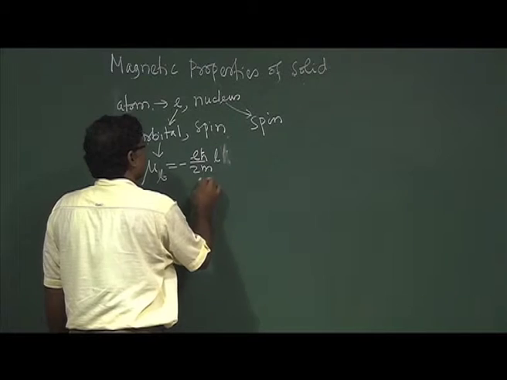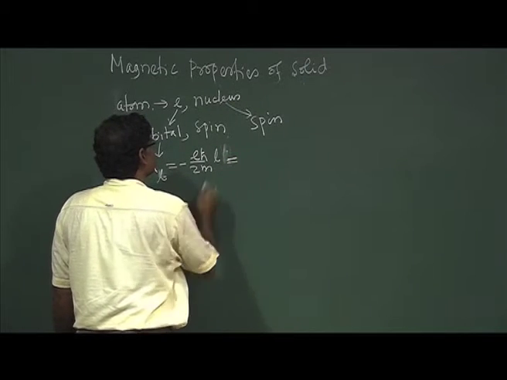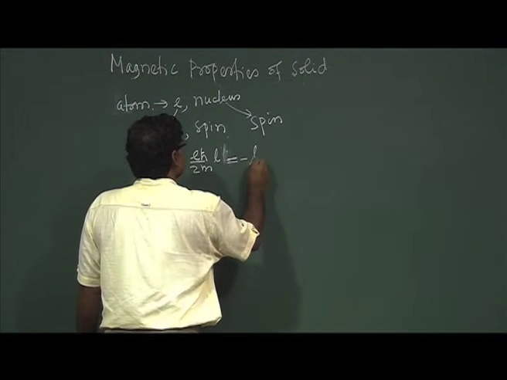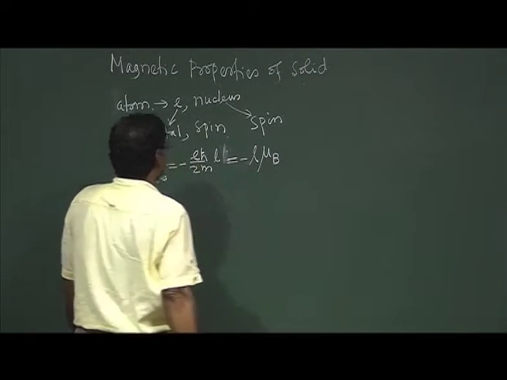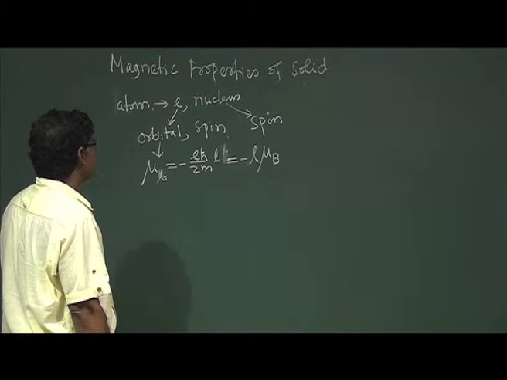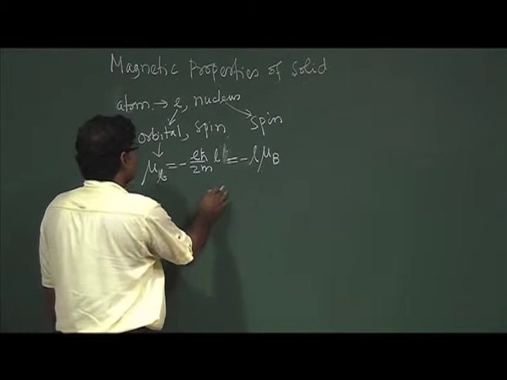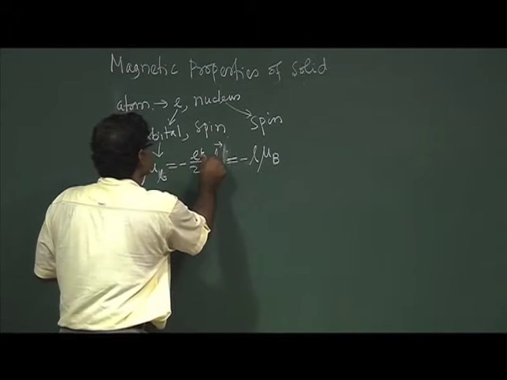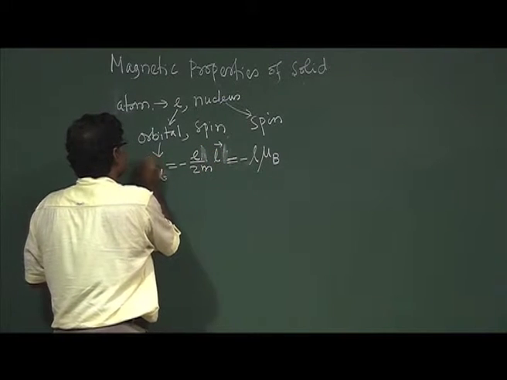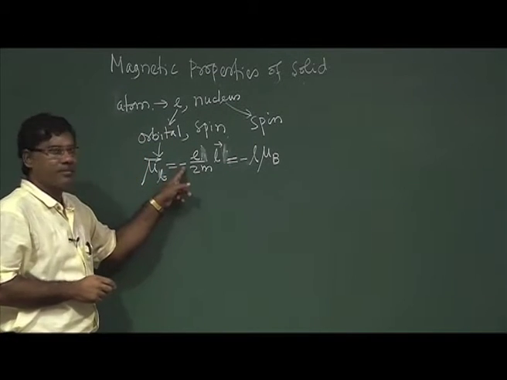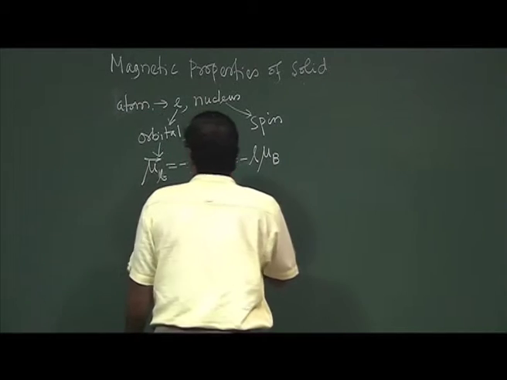If you put h cross here, it gives basically minus l mu B. The directions of these two are opposite, that is the indication of the negative sign.